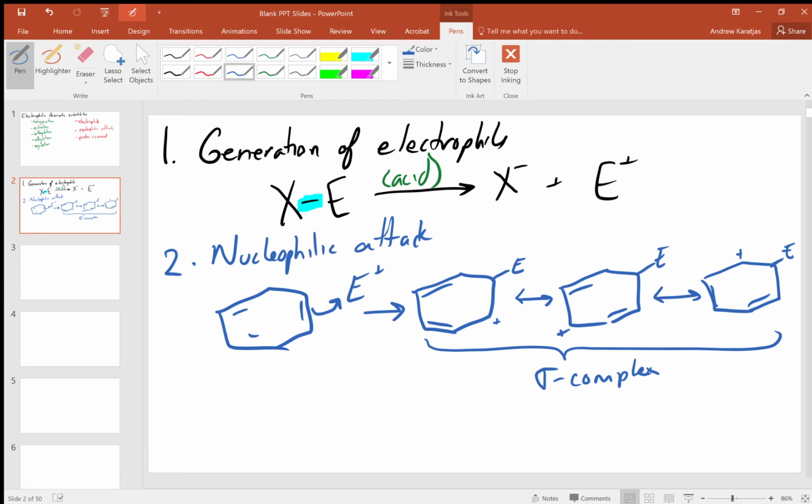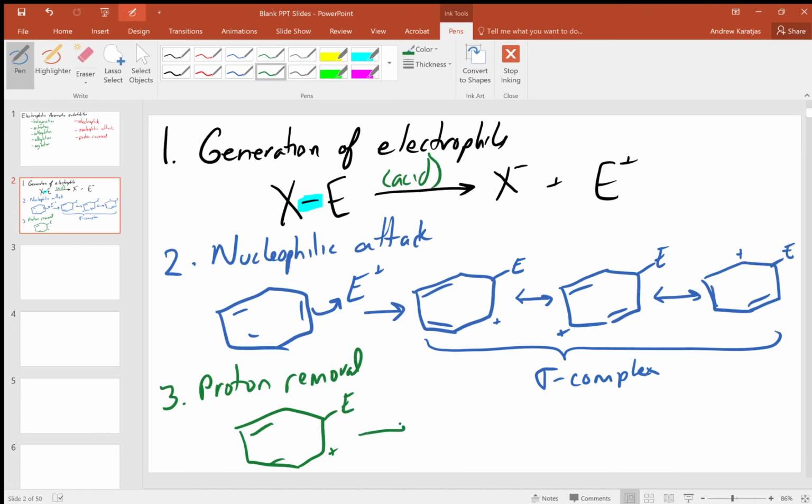So once we've done that, we just have one more step to do. That third step is usually a very easy step, and that's removing a proton. Why is this step so much easier? Well, this step where we remove a proton regains aromaticity. So we're going to say just B for generic base here.